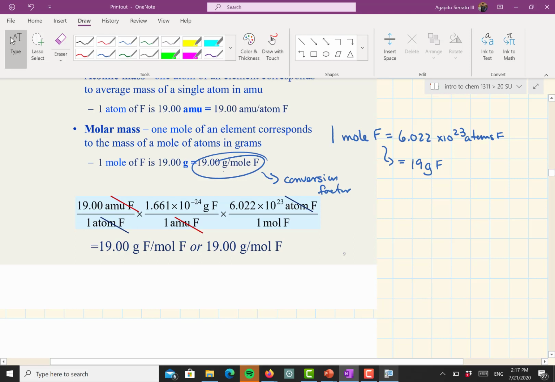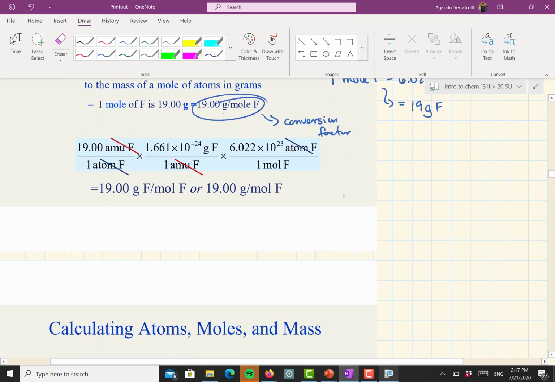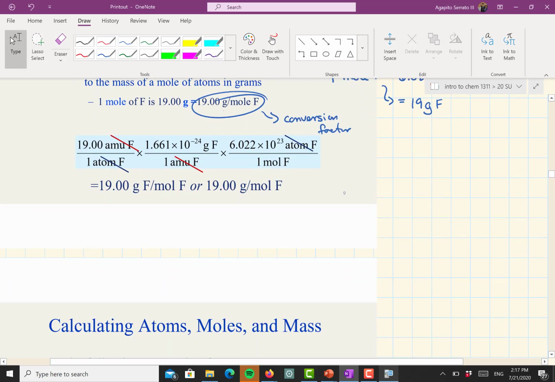Okay, so this calculation is set up for you here, but I like to redo it. That way we can start it from scratch. So we're going to go from AMU, convert that to grams, and finally from grams we're going to go to molar mass, which is grams per mole.